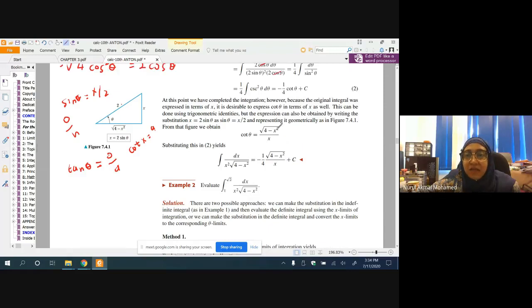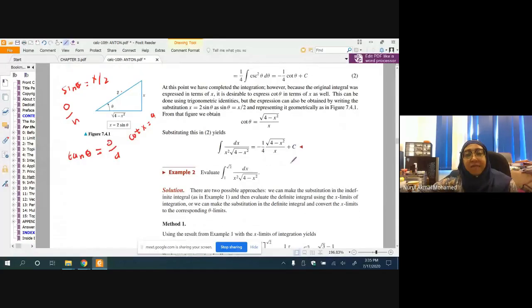You cannot substitute x equal to 1 and x equal to square root of 2 in this expression, because this is theta, not x. You can substitute them when you get the final answer, which is in terms of x.